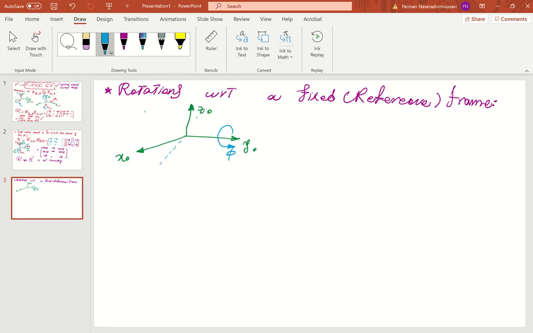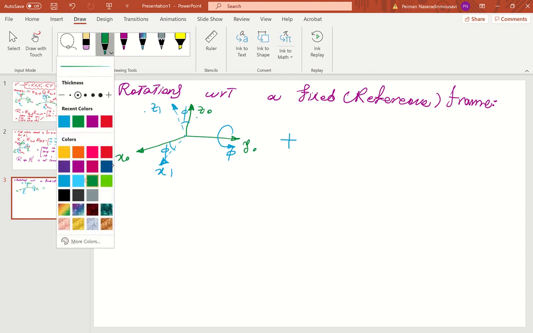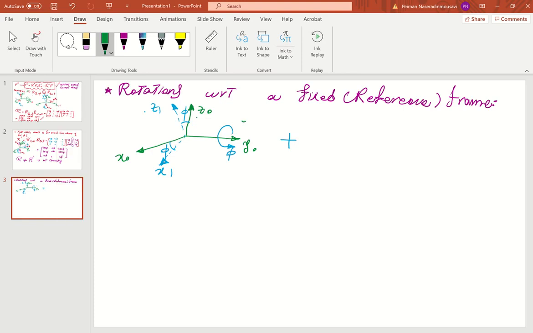It gives us this, right? Z1 and x1, right? This angle is phi and this angle is phi. Understand? Plus the next rotation is this, and this.